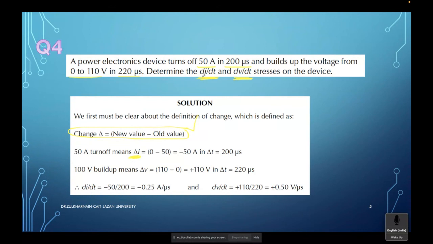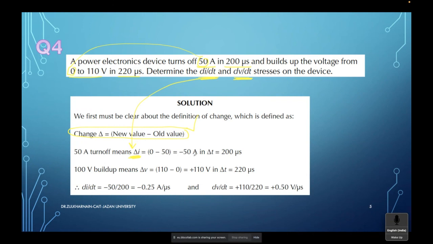Delta I is the change in current. What is the first current that he has? In the first case it is 0, and it is going directly to 50. So 0 going to 50.